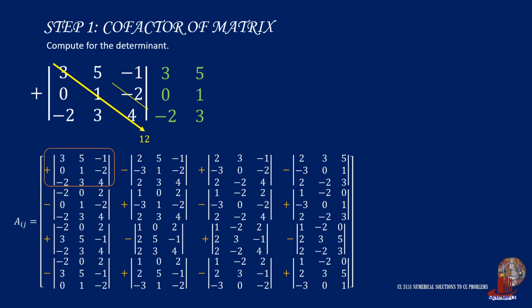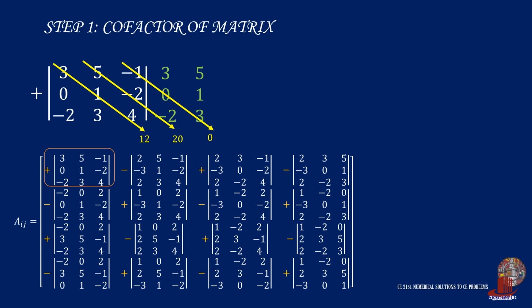The next diagonal is solved through 5 times negative 2 with negative 2, which gives 20. Then the last main diagonal has elements negative 1, 0, and 3, which is 0.